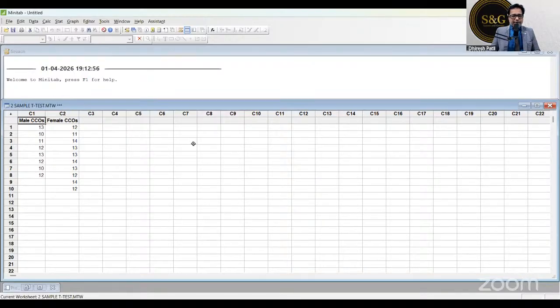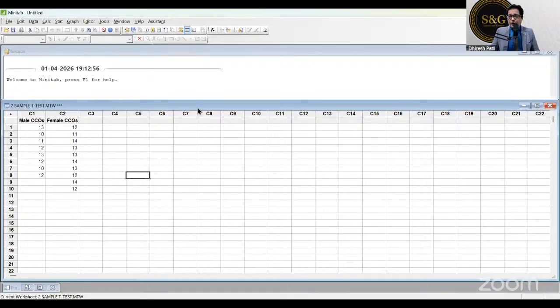Very good. All right. So here are the 2 processes, or 2 samples. One is male CCO. CCO stands for call center officers, and female CCOs, female call center officers. Now we want to check whether there is any statistically significant difference between these two samples.